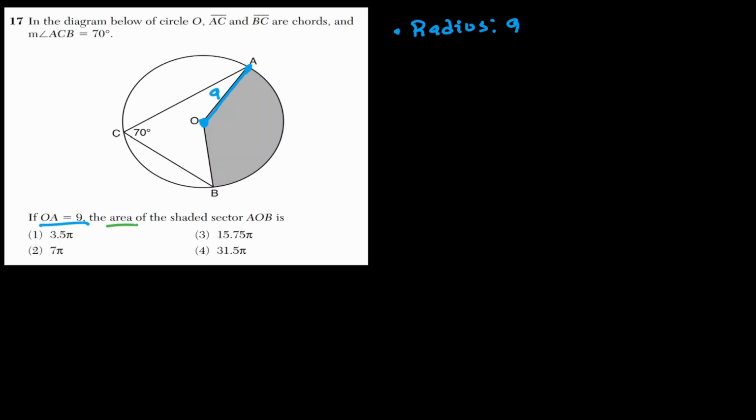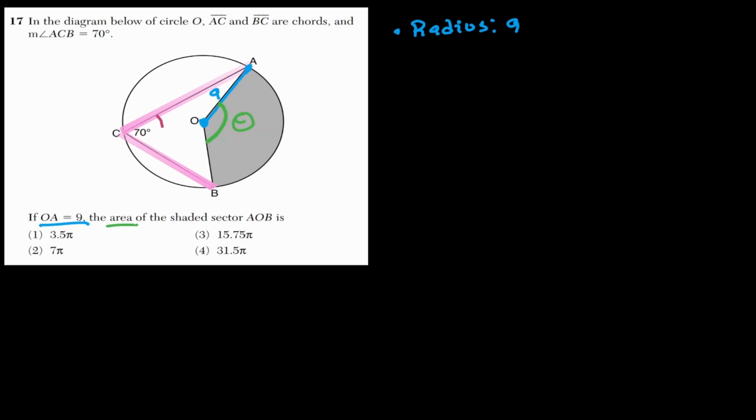So now what we want to know is, what is the area of the shaded region OAB? So we want to know the area of this section. When it comes to strategy, if we want to know the area of that section, we need to know the angle that creates that section. So let's think about how we can get that angle. How about we consider the angle of 70 degrees?